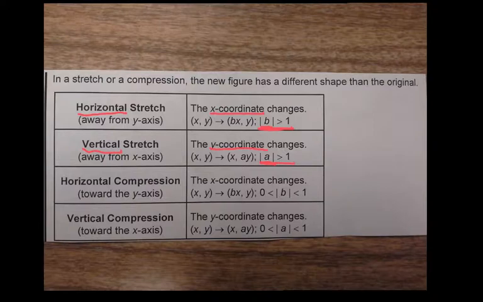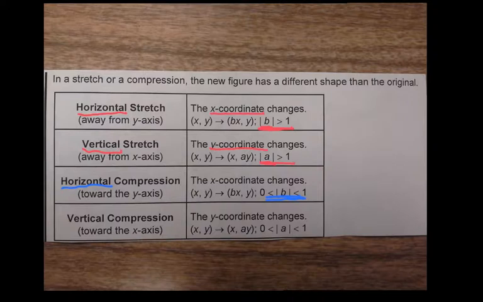Now horizontal compression and vertical compression. Let's look at horizontal first. So horizontal compression, that's when the b value is between 0 and 1. I like to say it's less than 1. You might have a fraction, might have a decimal, but it's going to be between 0 and 1.